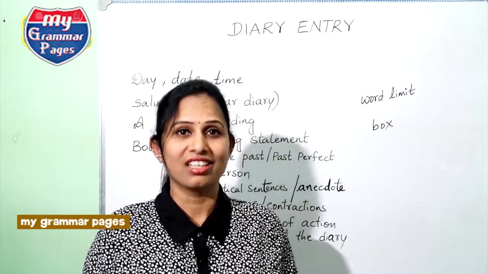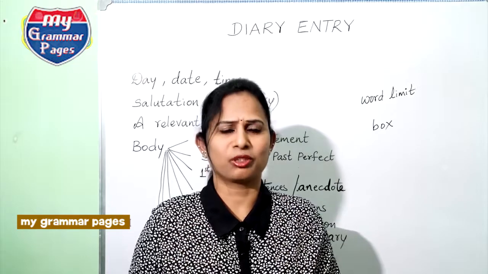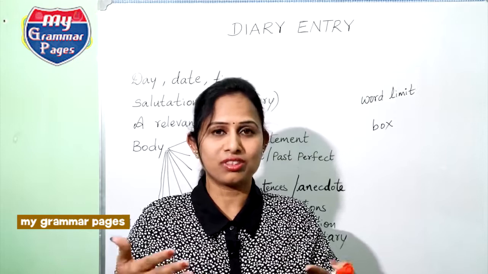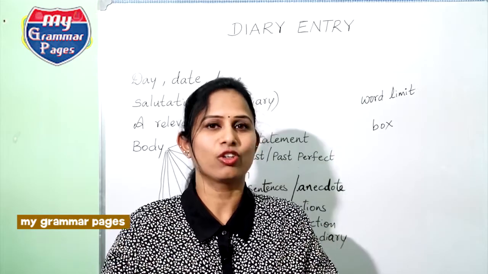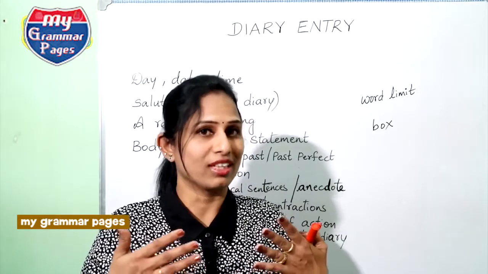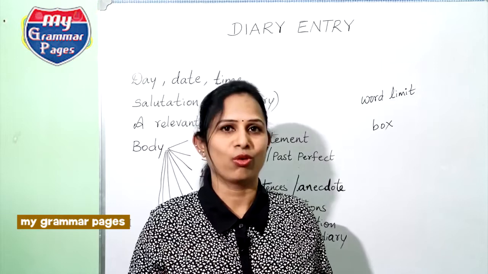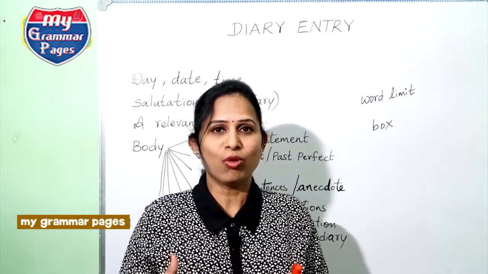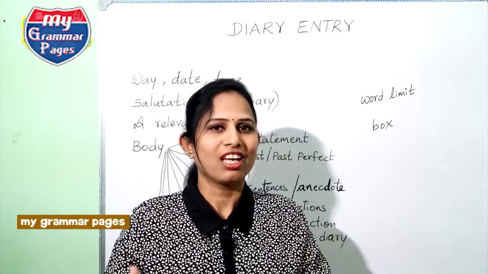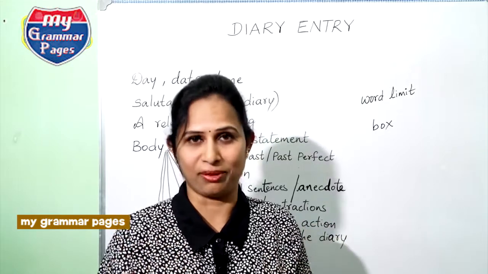A diary entry is a form of personal piece of information. It's purely personal writing where the writer expresses his thoughts, ideas or feelings in the diary. So reactions to the incidents are seen in your diary. Mostly, emotionally charged words are seen in the diary entry.